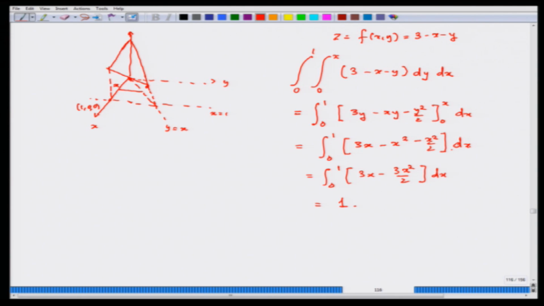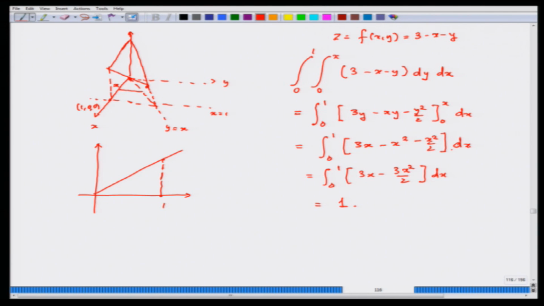I am giving this example from Thomas and Finney, the book Thomas' Calculus, just for illustration. Now, you also have to understand that there are certain cases where you can revert back, because if I reverse the region of integration and look at this triangular area, how did we get the region of integration?